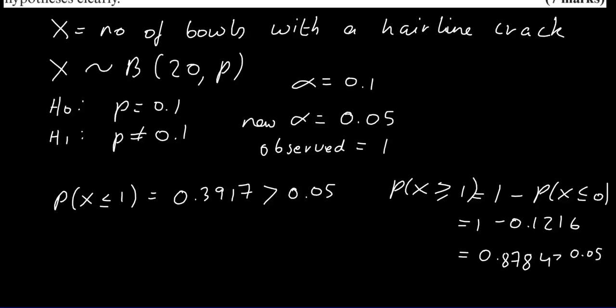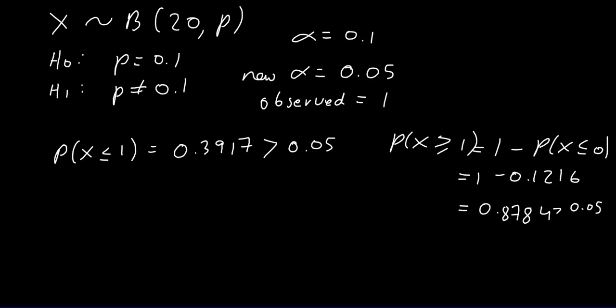So if the probabilities that we have worked out for our observed value are greater than the significance level, we do not reject H0. We do not reject H0.